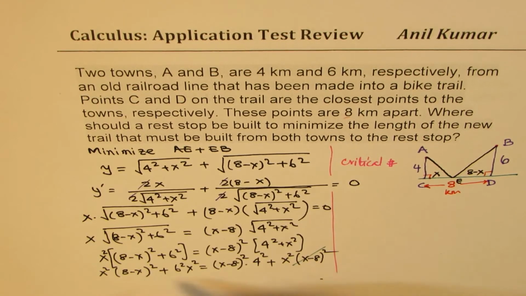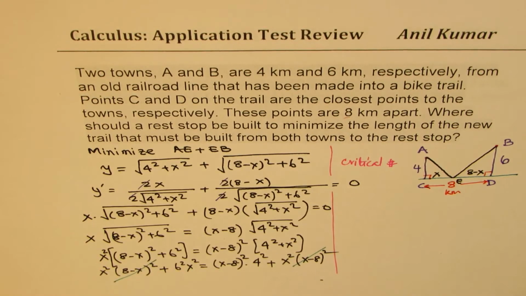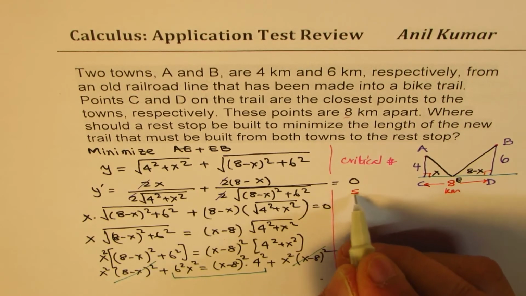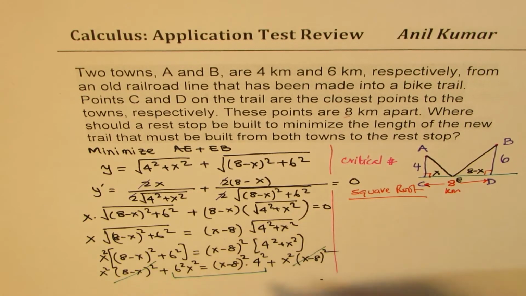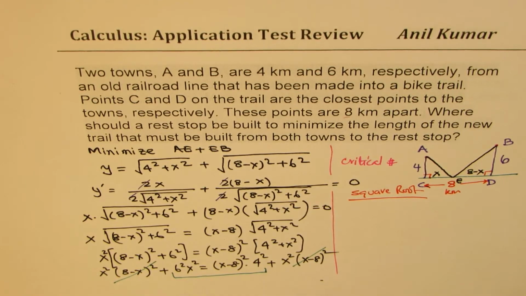Do you see this? This term cancels with that term. So we are now working with only the center part, okay? So let's take it on this side. It will become more clear. Both sides are squared, so what we will do now is square root them. This is a good technique to solve without getting into a calculator and big calculations.